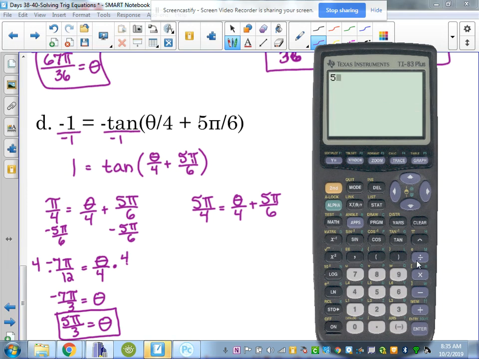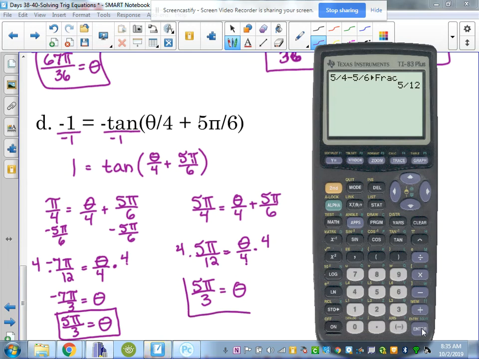Let's solve the other one. 5 over 4 minus 5 over 6 is 5 pi over 12. And then we multiply by 4, so that's 5 pi over 3. That's a positive answer. It is less than 2. 6 over 3 would be 2, so 5 over 3 is less than 2. So that is our second answer.